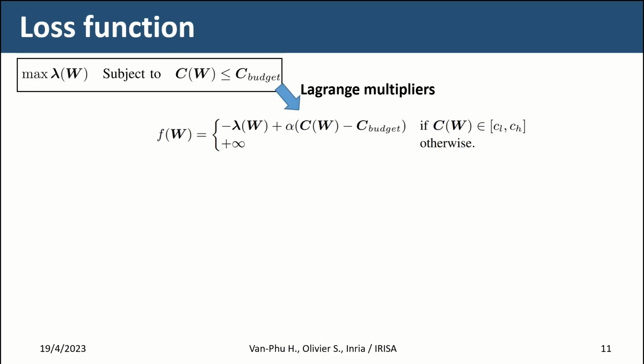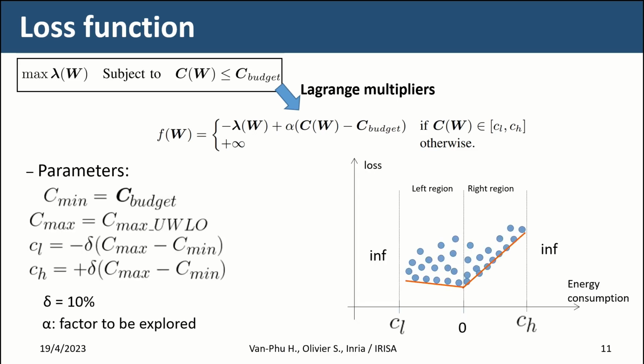In this slide, I present the loss function in our approach. The Lagrange multiplier approach is used to convert the constrained problem into an unconstrained problem. Alpha is a parameter that controls how much the search process explores new solutions versus exploits known solutions. If alpha is small, the algorithm will prioritize exploring high-quality solutions over the cost constraint.